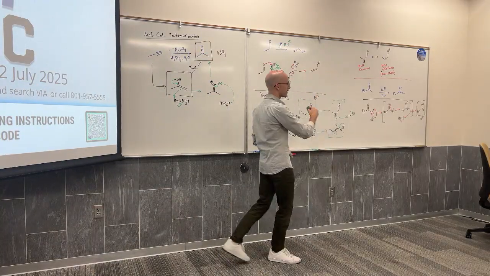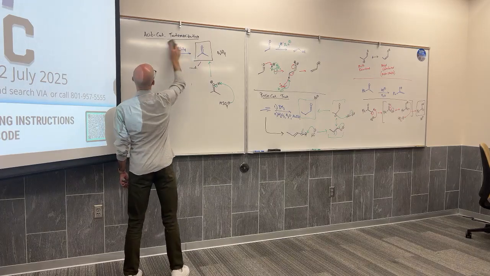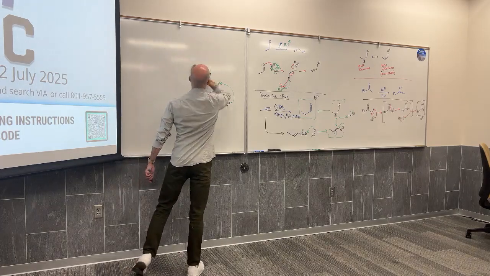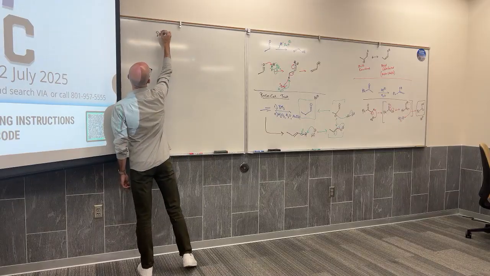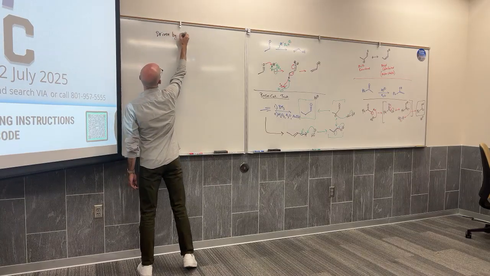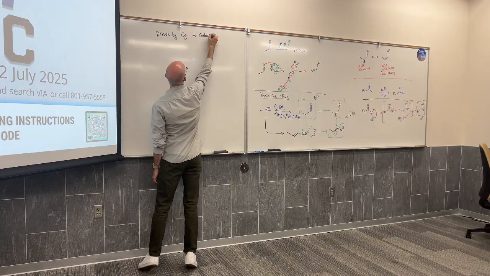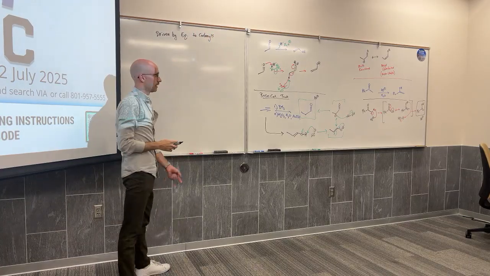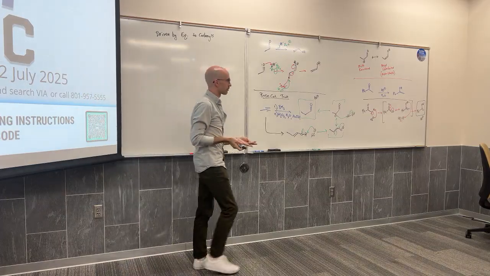So am I saying that this has to happen? No. What I'm saying is that this is driven by equilibrium, and it's driven more towards the carbonyl for this exact reason.